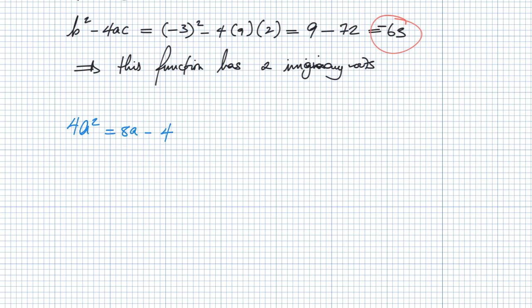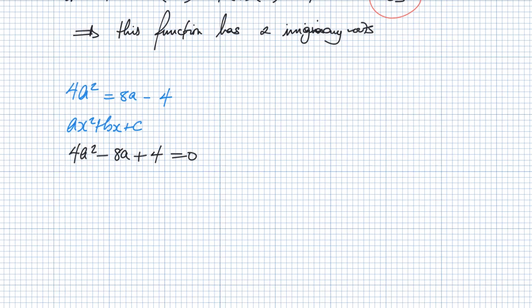All right. So if you remember the rules, we need to make it look like ax squared plus bx plus c before we do anything else. So we're going to keep that 4a squared over here. Bring over the 8a, bring over that 4, and we've got nothing left on that side.